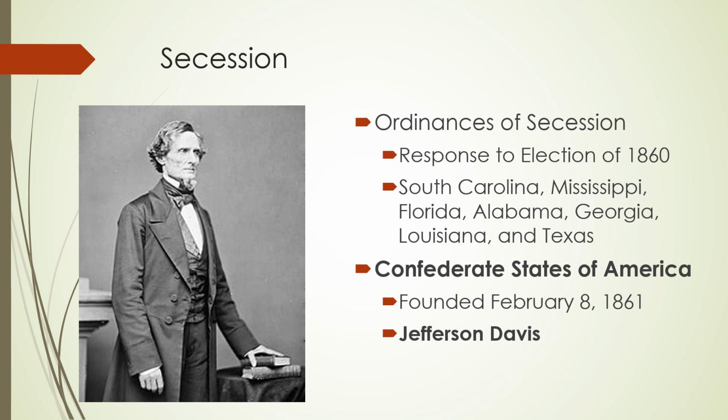Now, when those 7 states left the Union, they all formed independent republics. So you had the Republic of South Carolina, the Republic of Mississippi, the Republic of Georgia, the Republic of Texas, right? But then they joined together in February of 1861 under a new constitution and created a confederacy. We ought to know what a confederacy is because we learned about the Iroquois Confederacy.